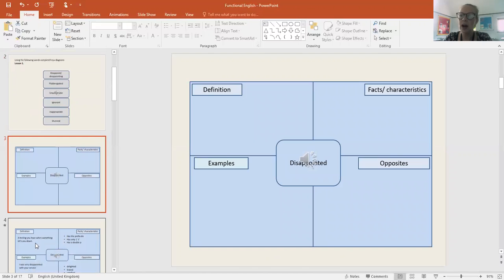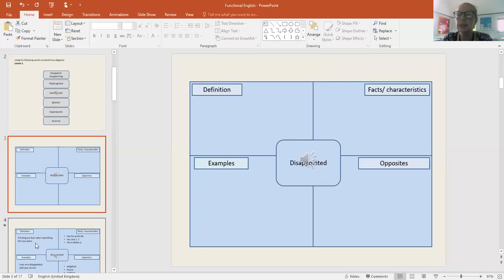Now, on this slide, there is something which is called a Frayer diagram, and the reason why these are really useful is a way of embedding language into your long-term memory. So it's making sure that if we're going to use previous words that we've just talked about, we can actually remember not only what they mean, how to spell them, how to use them correctly, and other words that are the opposite of those.